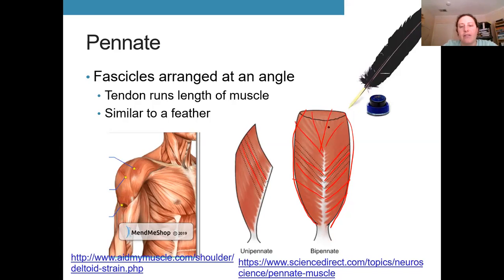Very similar to how a feather is arranged, and then the tendon is running like this. We have a lot of muscles like this. These are very strong muscles. So this deltoid is actually one of them.